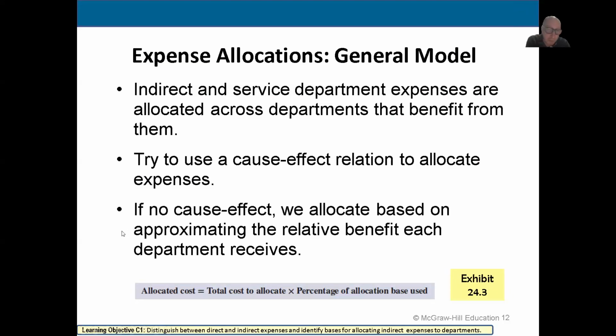If there's no cause-effect relationship, we allocate based off of the approximation of relative benefit that each department receives. A lot of fancy words. Okay. At the bottom here is the real formula. We take the total cost to allocate and we multiply that by the percentage of the allocation base used. Sounds complex. It's not that bad, I promise.